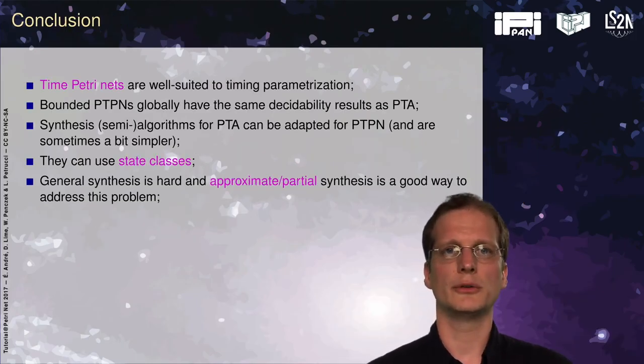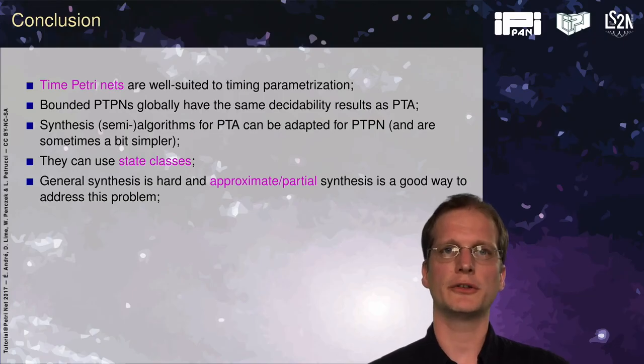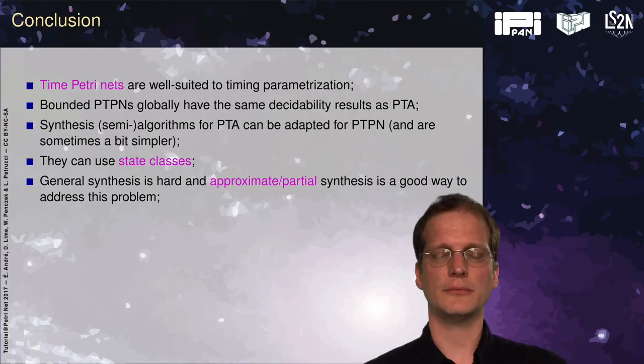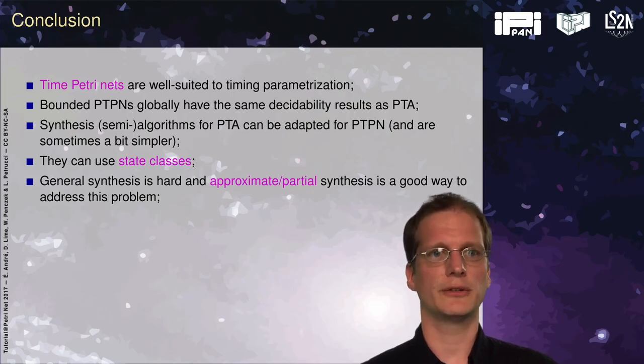So in conclusion, we have time Petri nets and we have extended them with timing parameters by replacing the constants in the intervals by parameters. Then we get the same decidability results for bounded time Petri nets with parameters as for parametric timed automata.